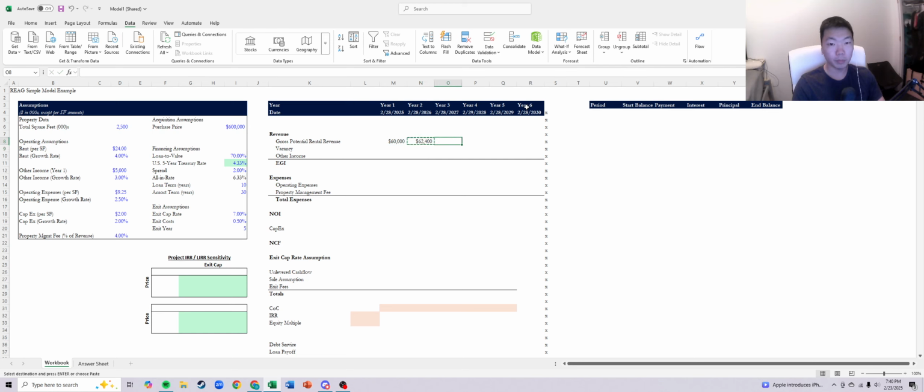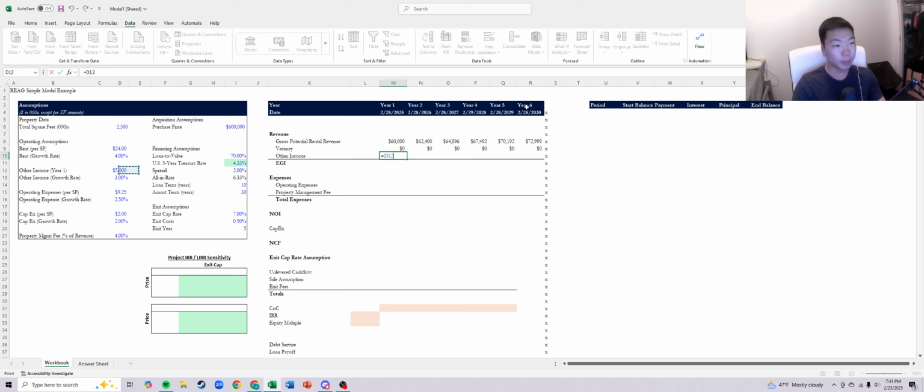Okay. And GPR, gross potential revenue, is how much money your property would bring in if we were to operate it at its maximum capacity, so no vacancy. Obviously, if the property is a little bit vacant, you would not be bringing in as much money as your GPR. But in this model, we have no vacancy, so we'll say 0 right there.